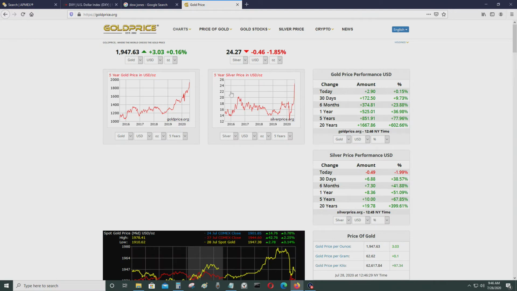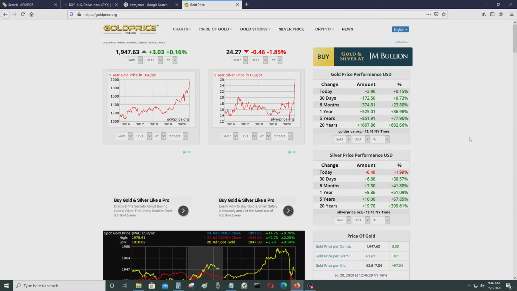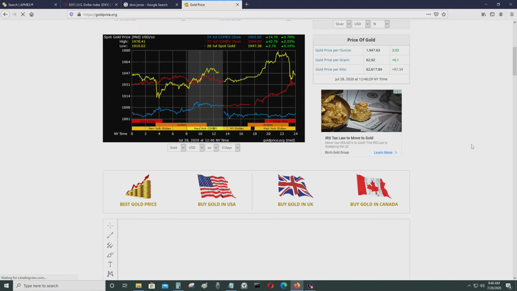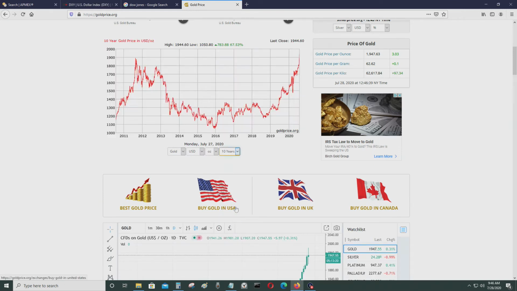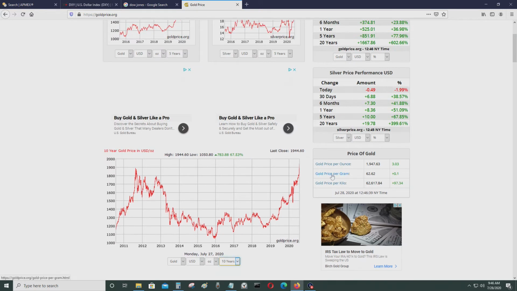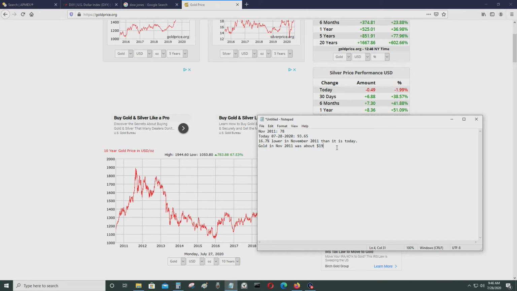This is a good site for getting the price of gold. Let's see, the last 10 years. As you can see, around November 2011, it was almost $1,900, not 1950 per ounce.